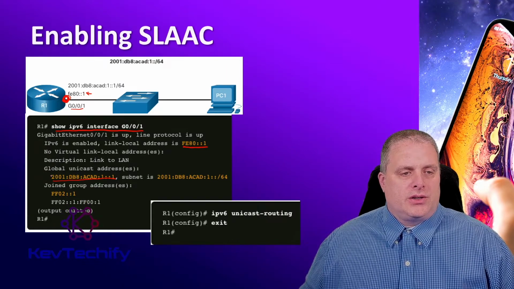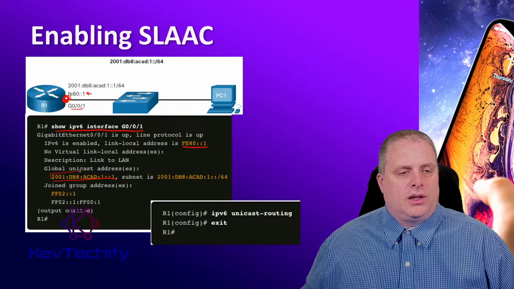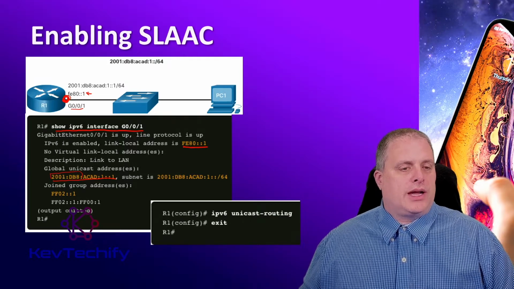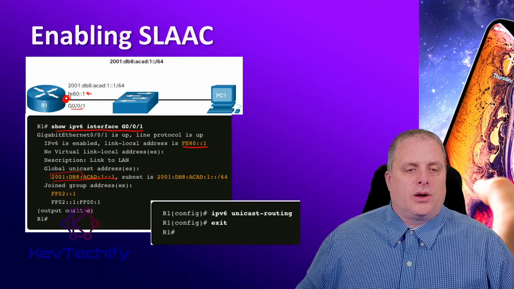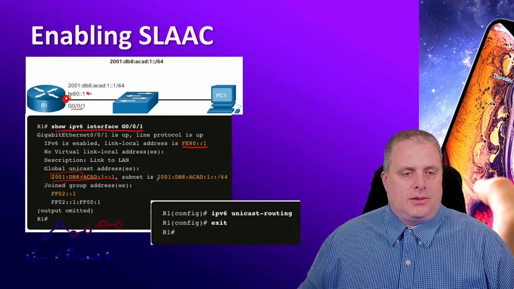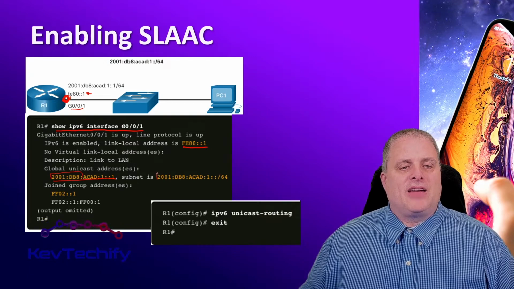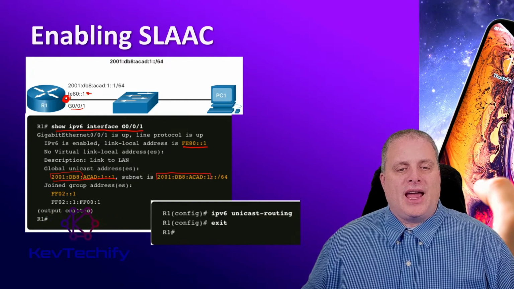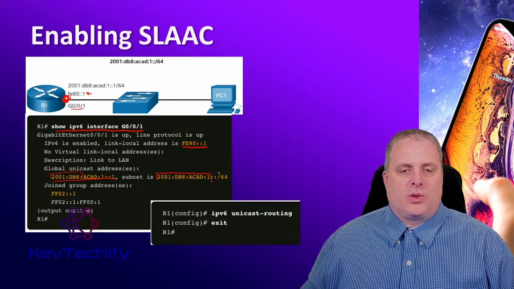Global unicast addresses typically start with 2001:DB8. That's one way you could tell what it is. And then we also have what our subnet is. Our subnet portion is the beginning left portion in an IPv6 address, and then it also says what our prefix is.